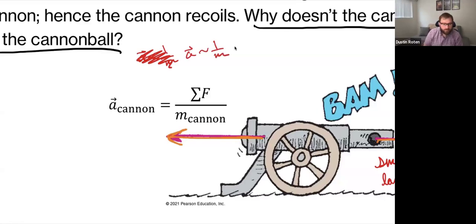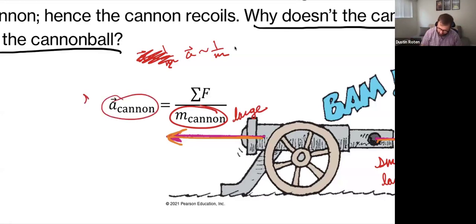Since we know this, we've talked about it in previous lectures. Well, the mass of the cannon, that's the whole cannon, is large, okay? So if the mass of the cannon is huge, one thing's big, that means acceleration has to be small. And that's due to that inverse relationship.